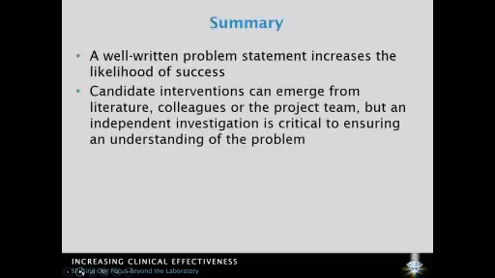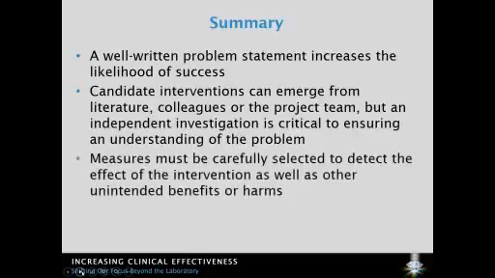Candidate interventions can emerge from literature, from colleagues, or from the project team. But an independent investigation is critical to understanding the problem. This means doing the FMEA or the root cause analysis, something to make sure you understand the causation factors and how they're interrelated. That is really critical.